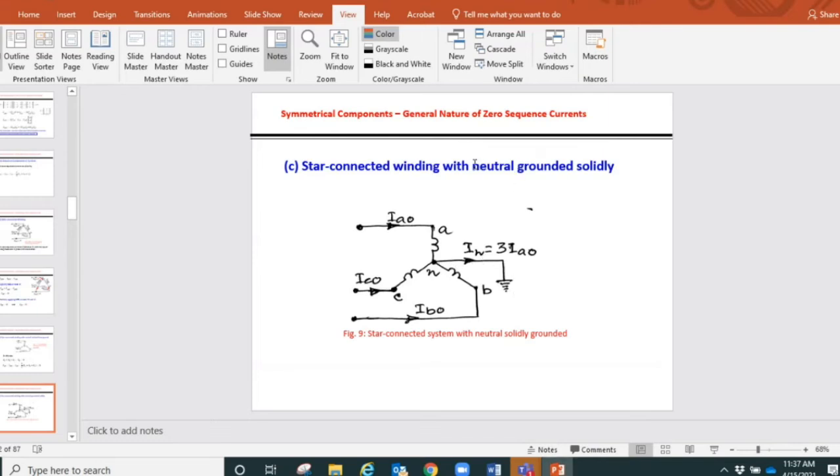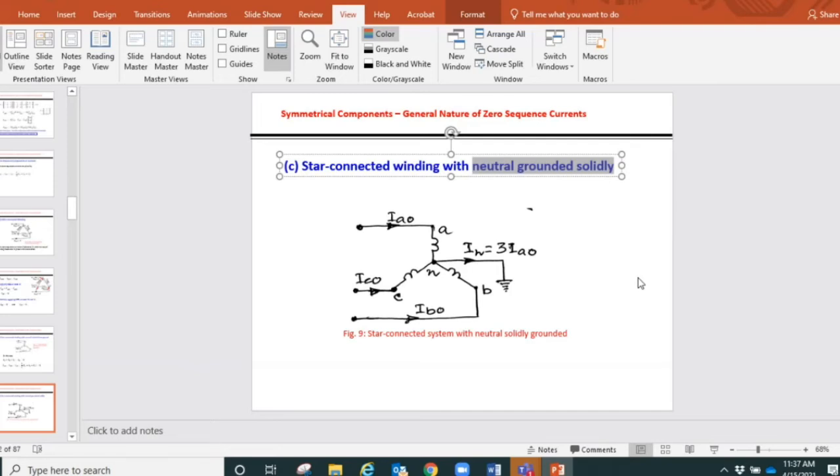We call it neutral grounded solidly, meaning it's a piece of wire used to connect the neutral of the star point to the ground. We assume the resistance of that wire is very, very small, possibly 0, though it won't actually have a resistance or impedance value of 0. It will have some, but we can ignore that.